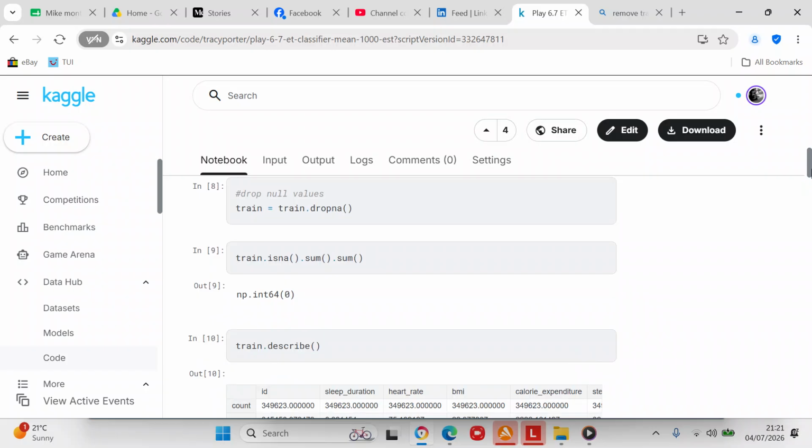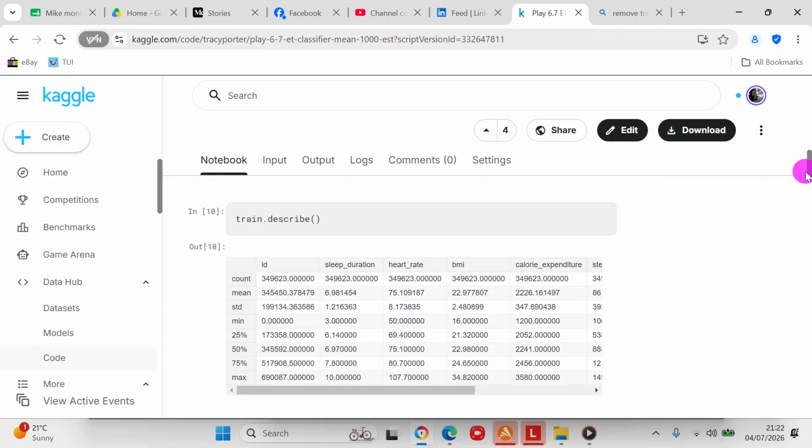But when you drop the null values, it about halved the length of the data frame. And so that's one thing that you have to take into consideration, because you can drop all of the null values and then you would have fewer rows of data, or you could impute the null values. And I just decided that I would drop all the null values, and that pretty much halved my number of rows of data.